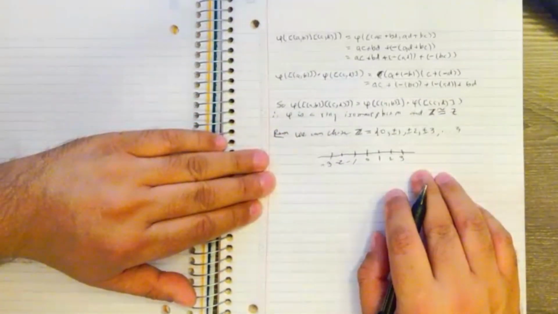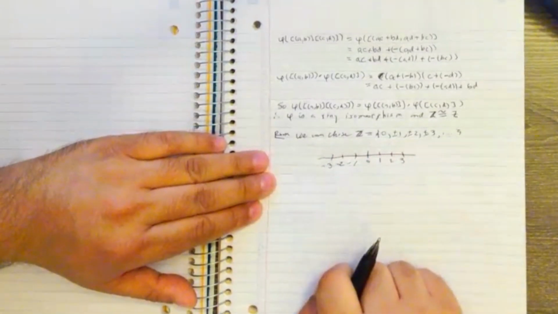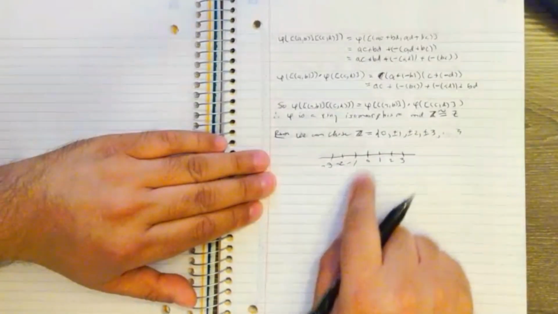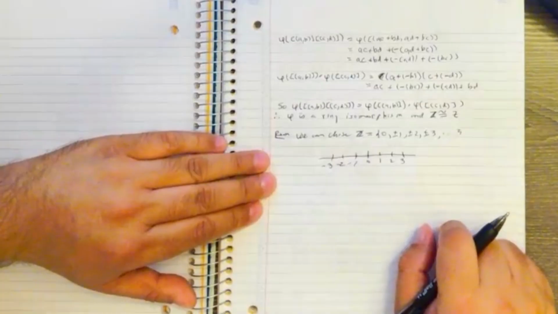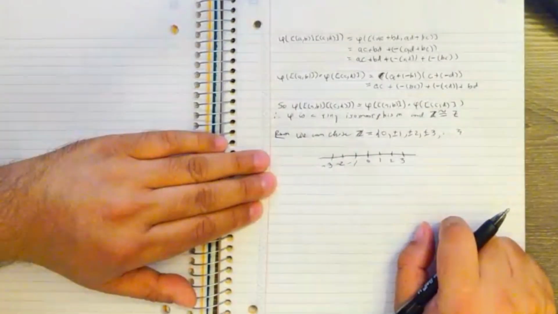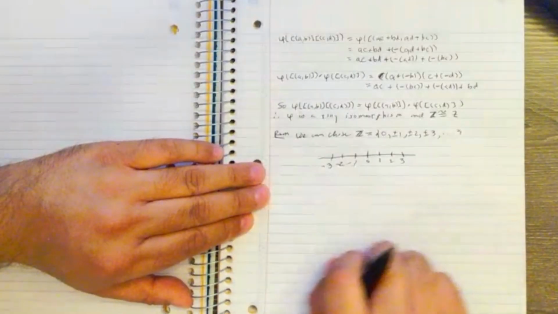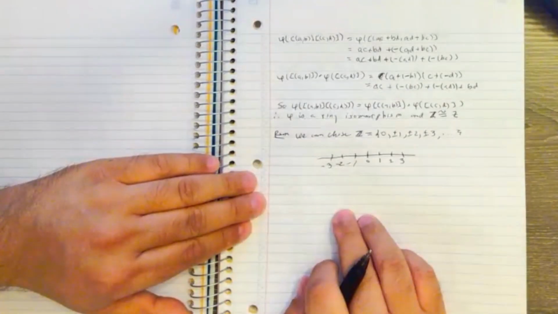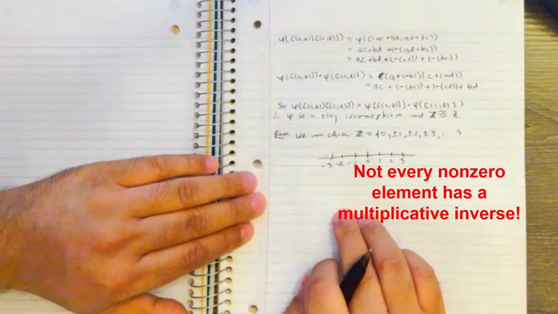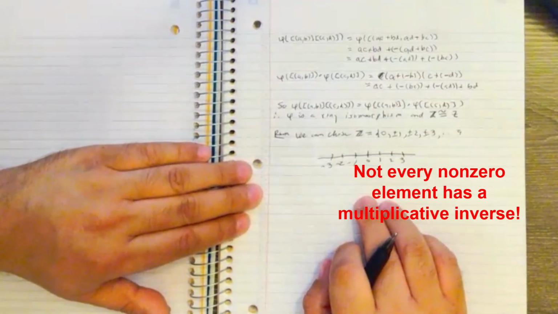And so going forward, when we speak of the integers, we mean this set with normal addition and normal multiplication. And we have demonstrated that this is an integral domain where the left and right cancellation laws hold. And as we mentioned, an integral domain is not a field because not every non-zero element has a multiplicative inverse. It's not always possible to divide elements.